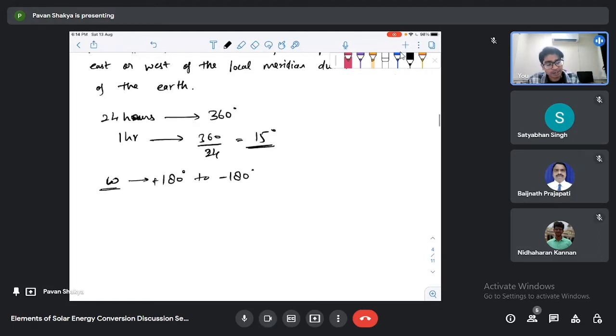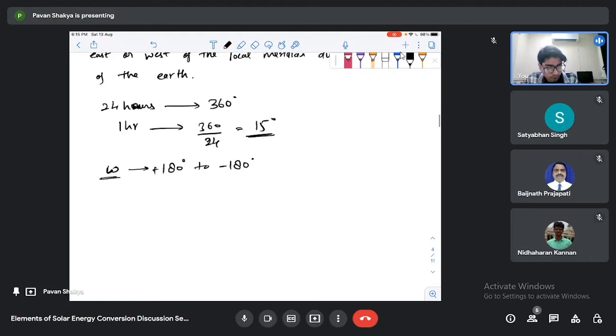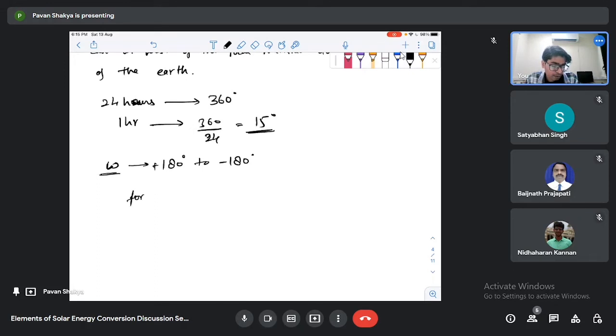Where this plus and minus sign is taken as follows: for morning, that is before noon, omega is taken as negative, and for afternoon, omega is taken as positive.